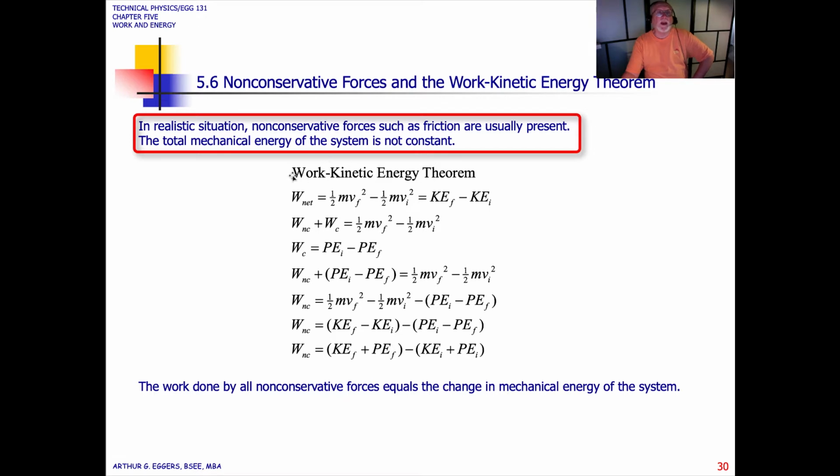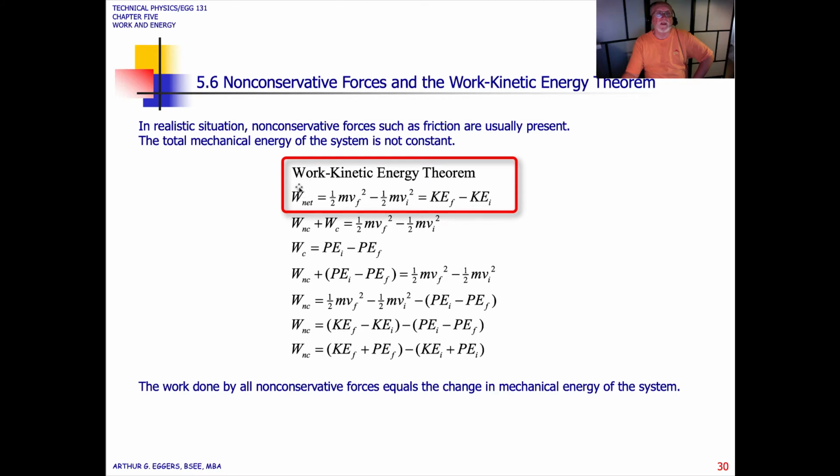So if we look at developing, how do we build in our non-conservative forces, NC stands for non-conservative, into this relationship? By definition, if we look at the net amount of work, we already said that the equation 1/2 mv final squared minus 1/2 mv initial squared is equal to kinetic energy final minus kinetic energy initial.